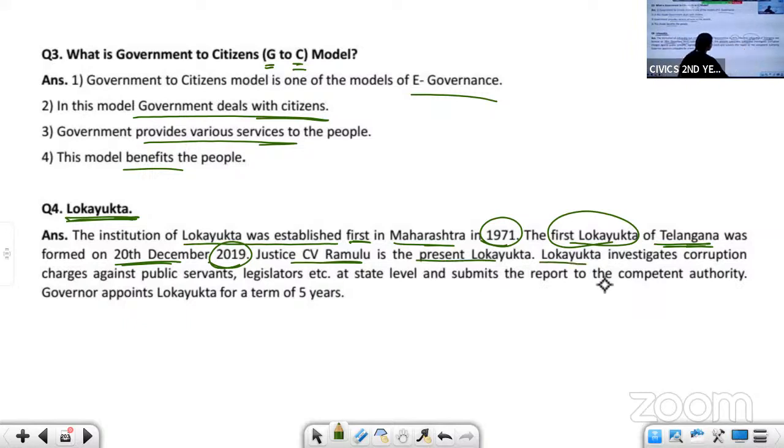It investigates the corruption charges against public servants, that is government employees and legislators at state level. It will do the inquiry and submit its report to the competent authority. This is appointed by the governor. Governor appoints the Lok Ayukt every 5 years. The term of Lok Ayukt is 5 years.